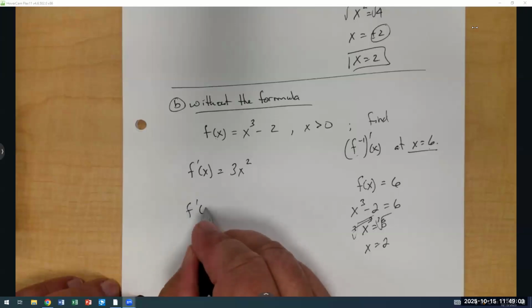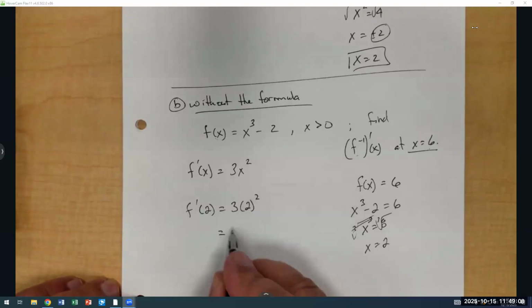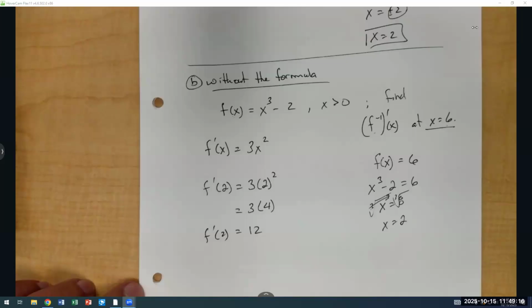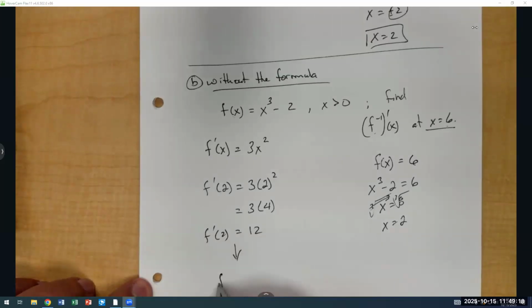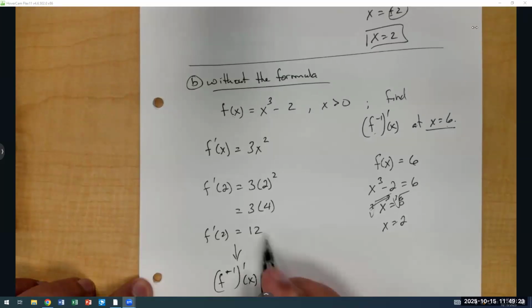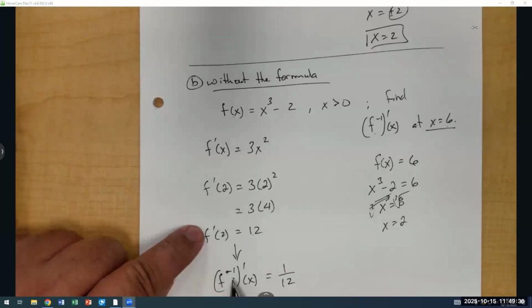So if I come over here and plug in 2, then I know that my derivative of my inverse function is simply the reciprocal of that. So in other words, to find the derivative of the inverse, all you have to do is find the derivative of the original function at that value and then flip it.